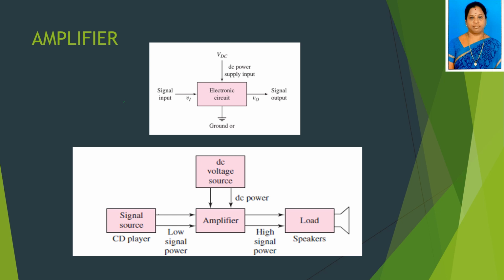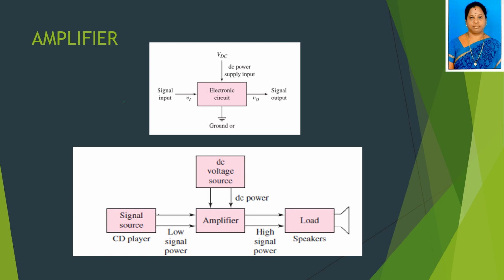Why should it be a linear amplifier? Linearity means it obeys the superposition principle. What is meant by the superposition principle? The superposition principle states that when the circuit contains multiple sources, the response of the circuit is equivalent to the sum of the responses of the individual sources.